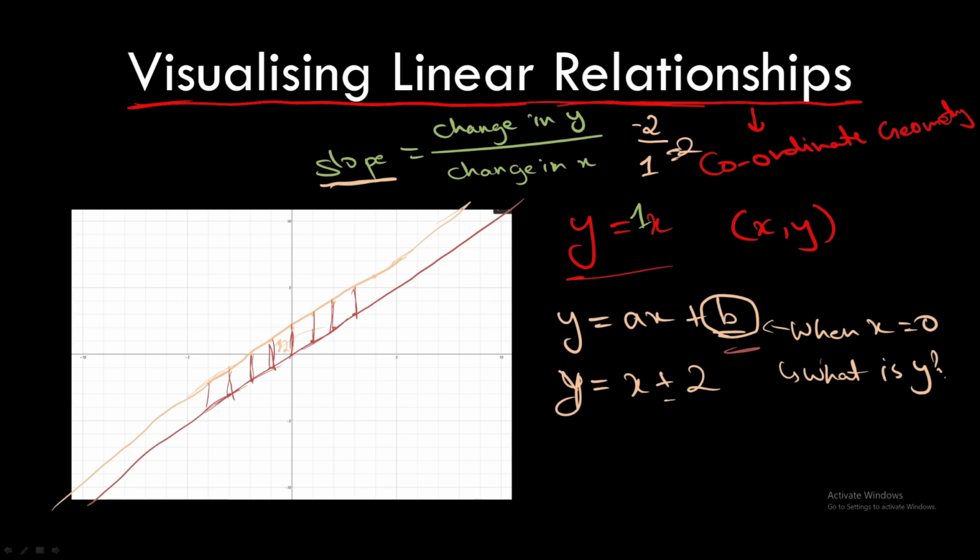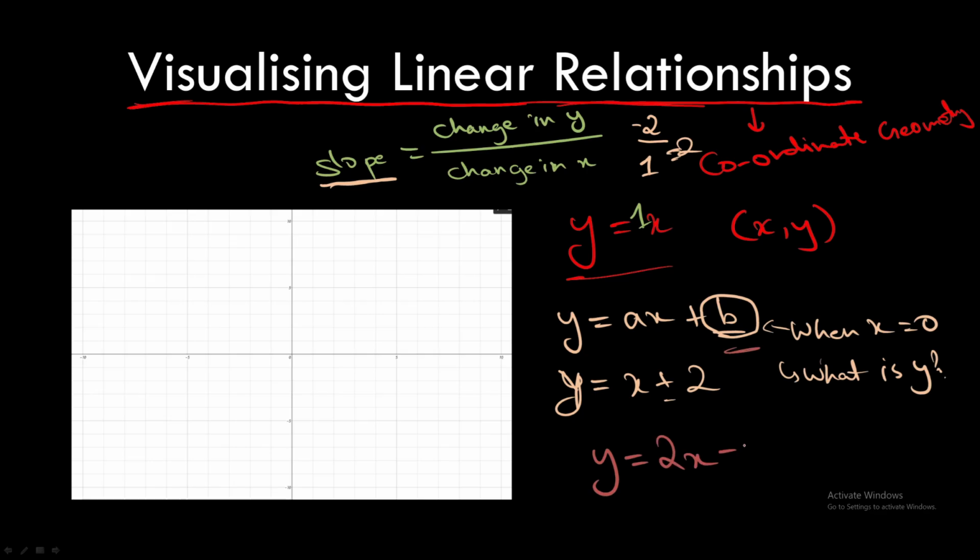Now let us see another example. Another example is y is equal to 2x minus 3. So now we can put any value for x and plot it on the graph. For x is equal to 0, it will be minus 3. 2 times 0 is 0, and minus 3 is going to go down 3 units.